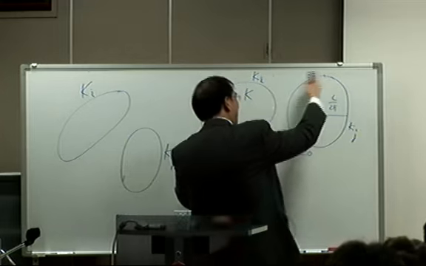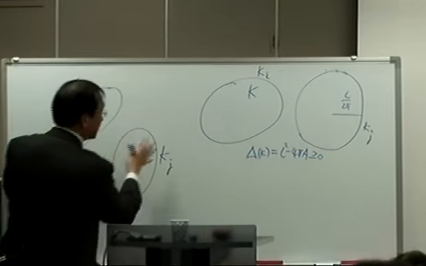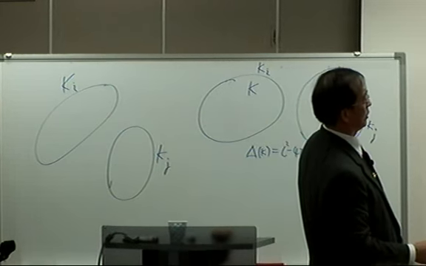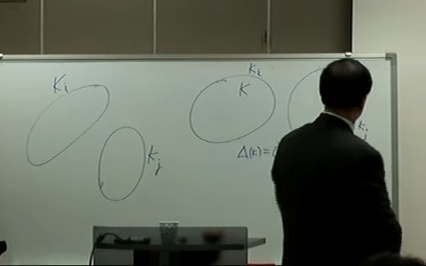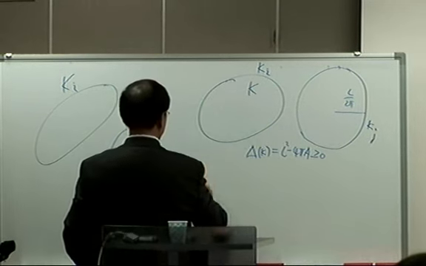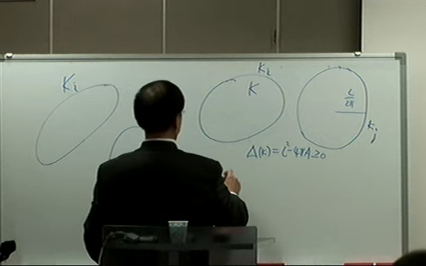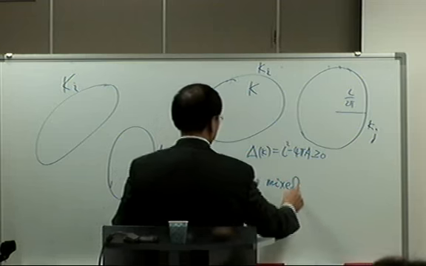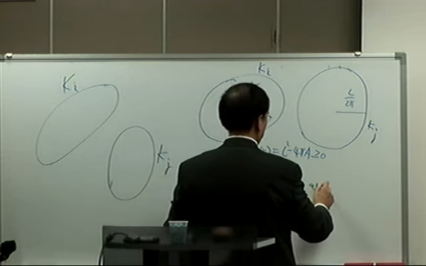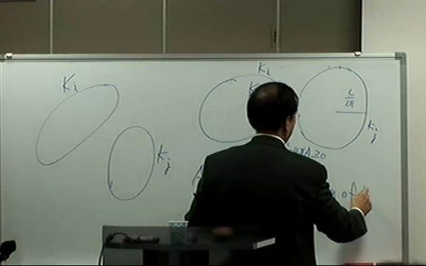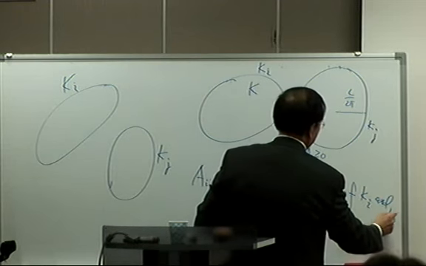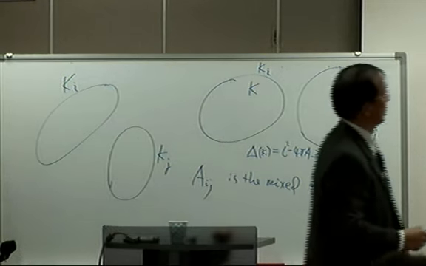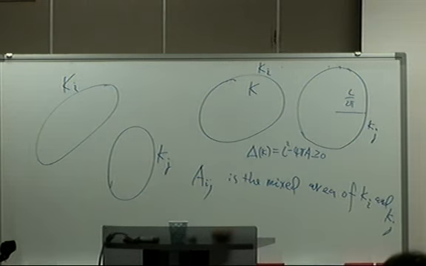We just compare with the disk. Therefore, we have what is defined as Aij minus 1, where Aij is the mixed area of Ki and Kj. This is 2K.